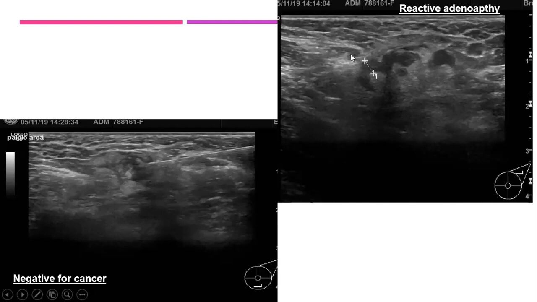They had done a biopsy of the left axillary lymph node, as well as blindly from the location of the left breast asymmetry. The result was negative for cancer in that region, because they said there was no abnormality, just taking blindly from that region. And from the lymph node, the result was reactive adenopathy.